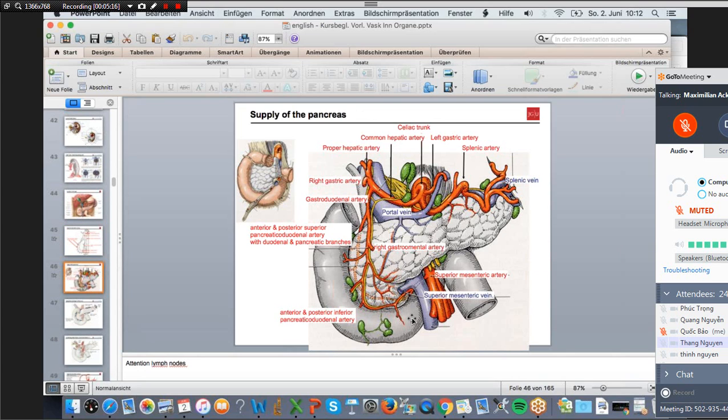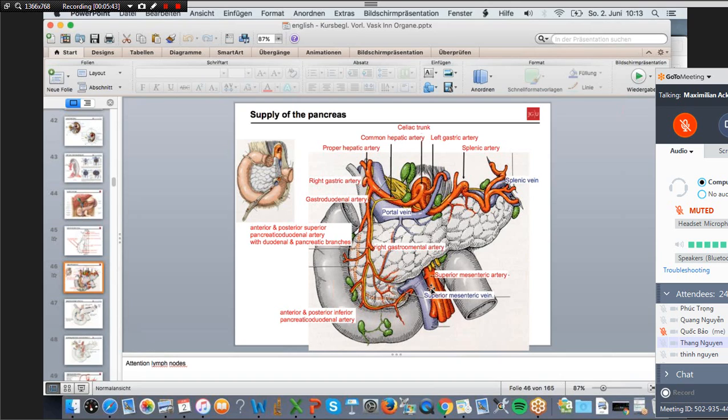So, some words on the blood supply of the pancreas. You see that here in more detail. You find the portal vein just on the back side of the pancreas. By the way, if you have a tumor, a pancreas head carcinoma, it could happen that you also have an infiltration of the portal vein.